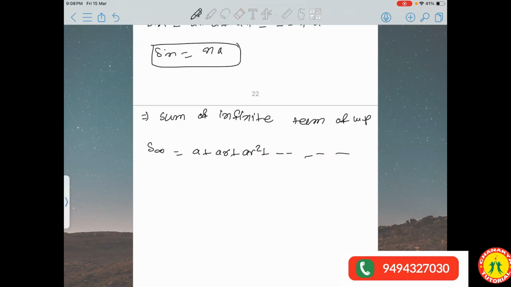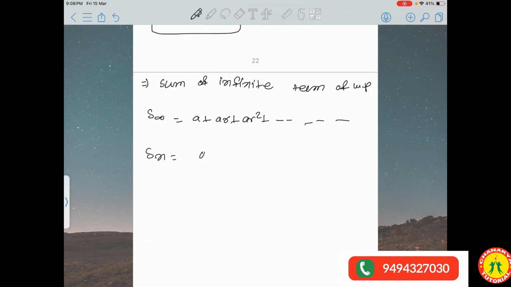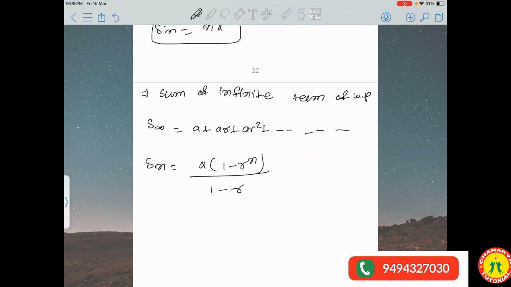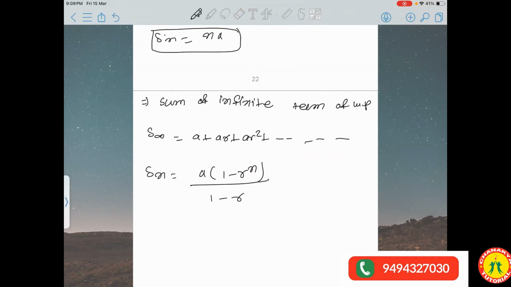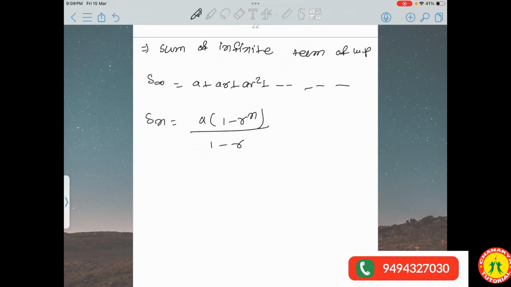Now we know Sn is equal to a times 1 minus r power n upon 1 minus r. Now apply the limit, because here it is S infinity, so n is tending to infinity. S infinity is equal to the limit as n tends to infinity of a times 1 minus r power n upon 1 minus r.